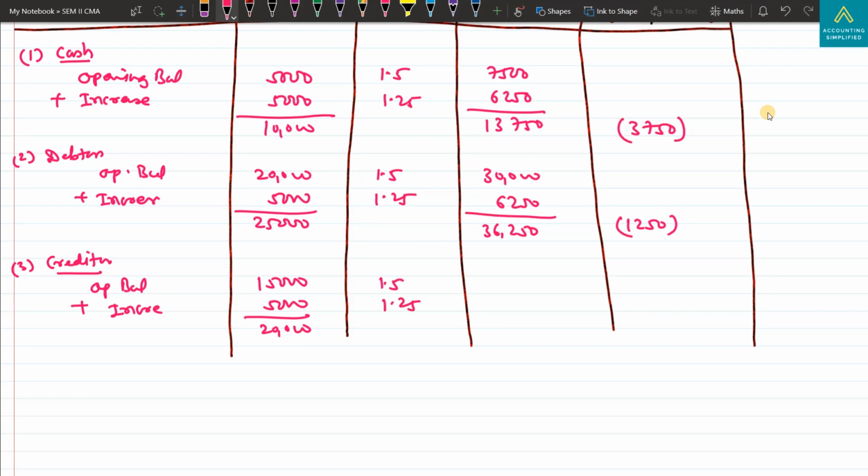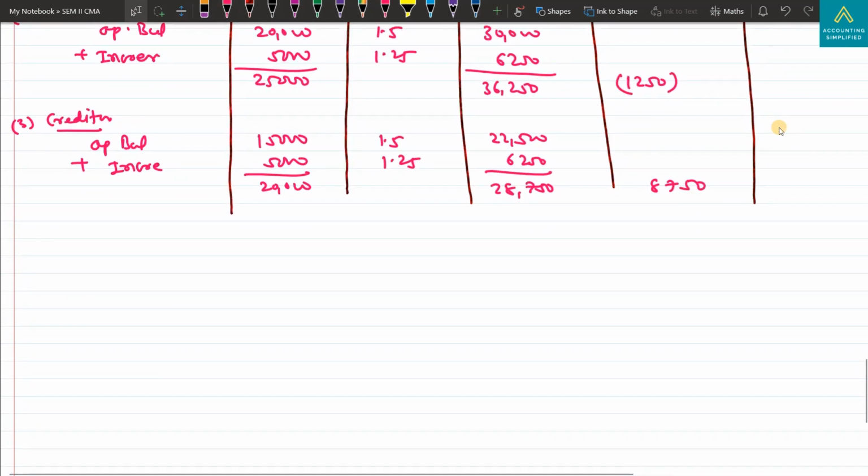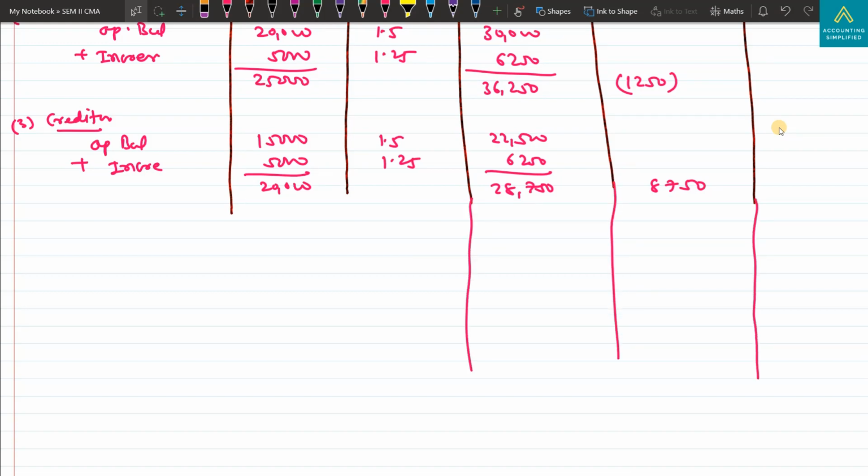If we multiply, 22,500 and 6,250, total it, and it becomes 28,750. In fast track mode I am calculating. The difference is 8,750. This is creditors, meaning we have to pay, so we have a benefit, so nothing to do, this is a gain.